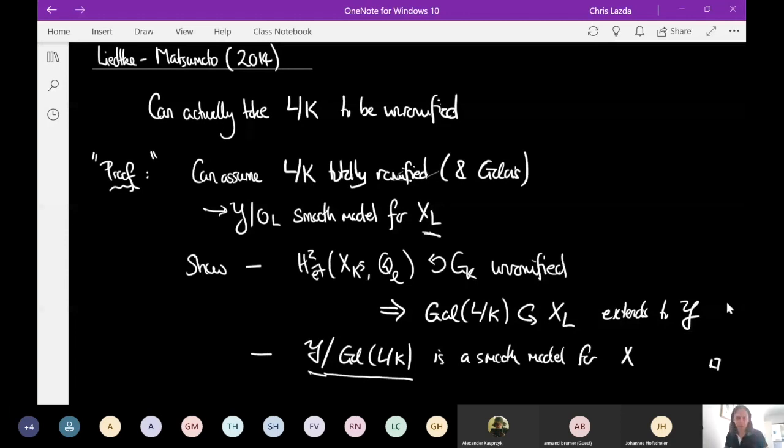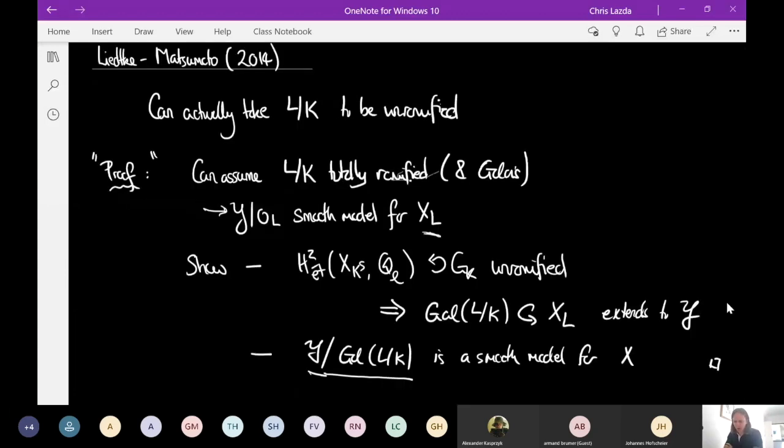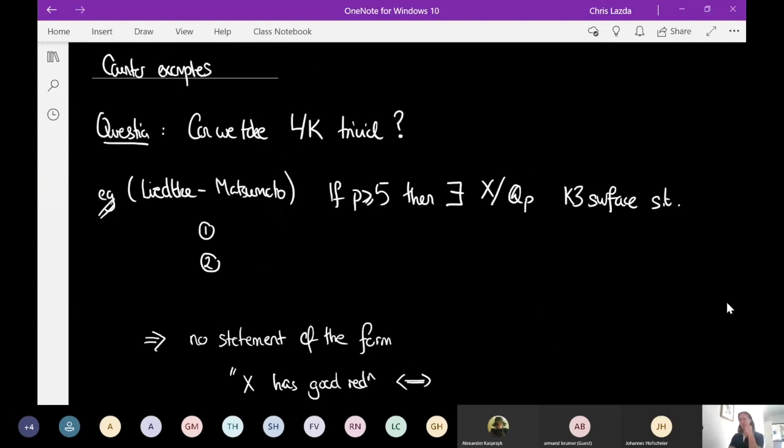And this is sort of interesting, especially if we compare it to what we already knew for curves and abelian varieties. A very obvious question to ask is, is this unramified extension really necessary?